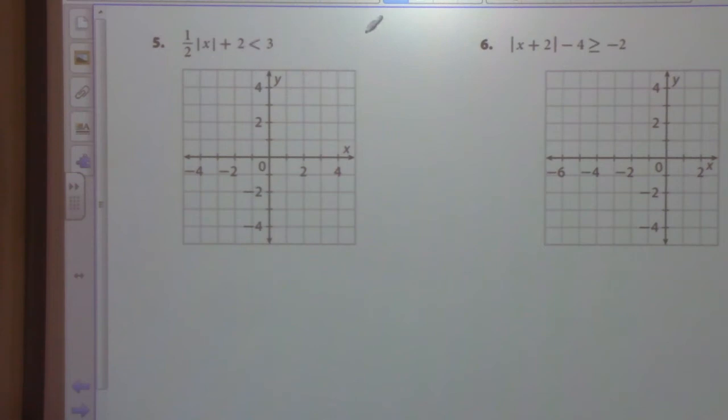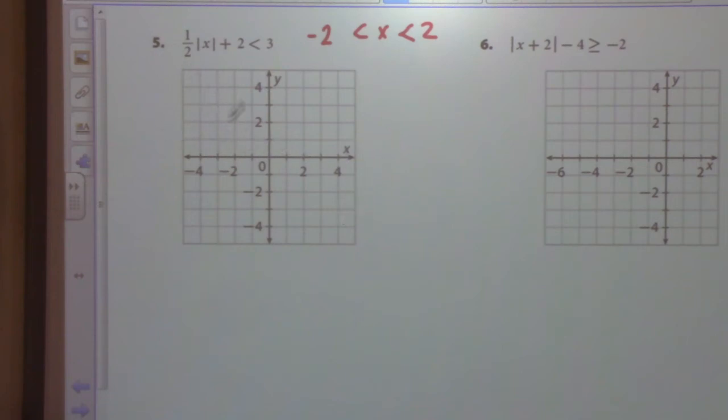What'd you get for this one here? Negative 2 and 2. So you're saying like this. Is that what you got?